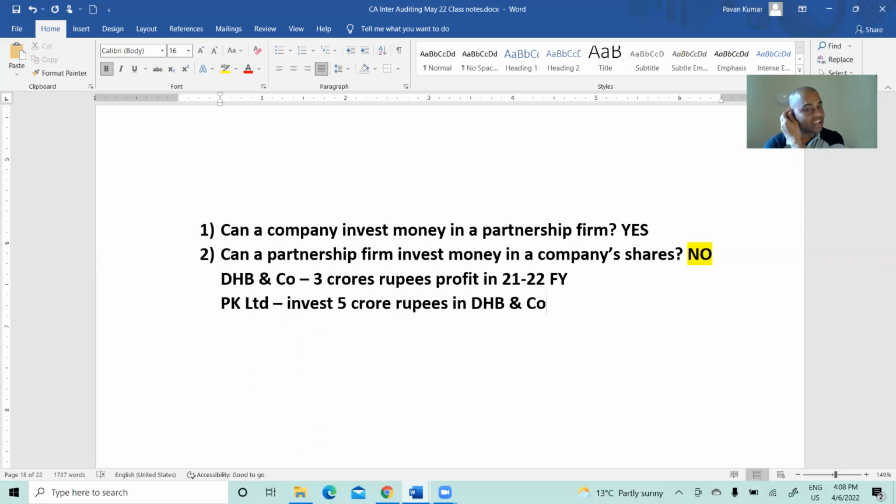If you are okay, I can invest money in that partnership firm. Then in the partnership firm, capital: Dharani X rupees, Harini Y rupees, Bhuvaneshwari Z rupees, PK Limited 5 crores.